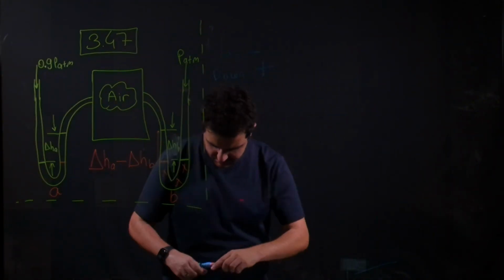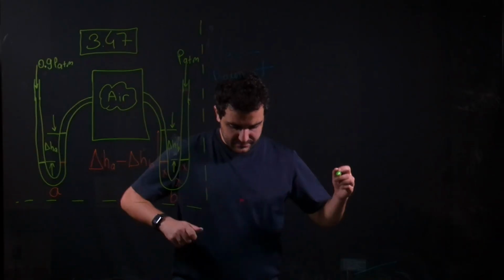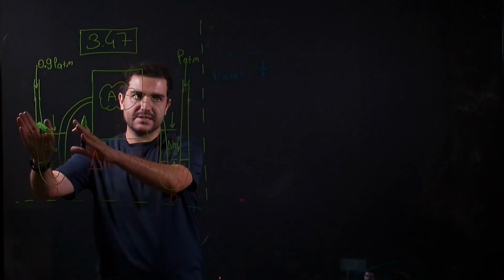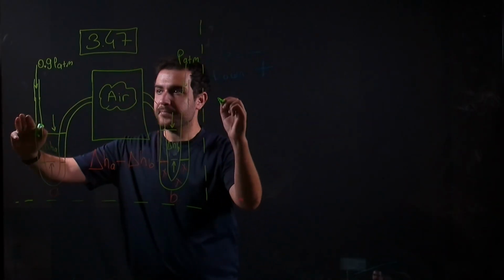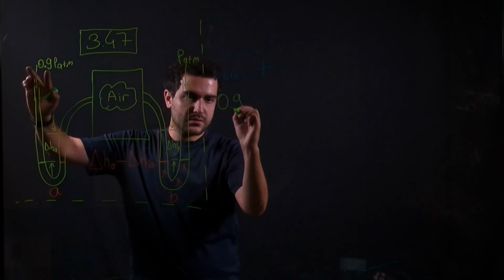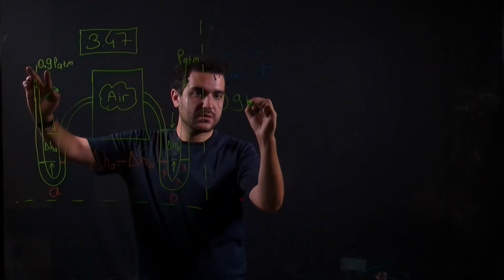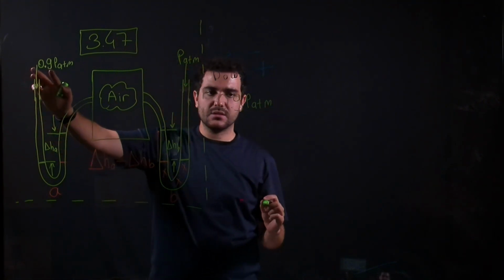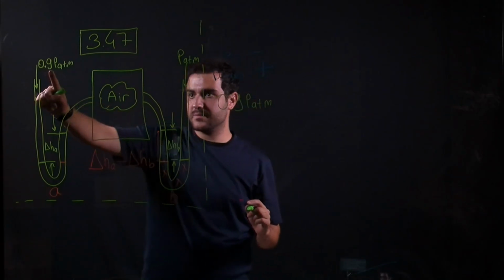Let me change the color. So we can think first of this leg. Let's say we will start from here. We have 0.9 atmospheric pressure.